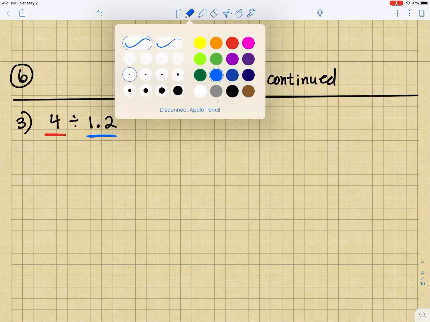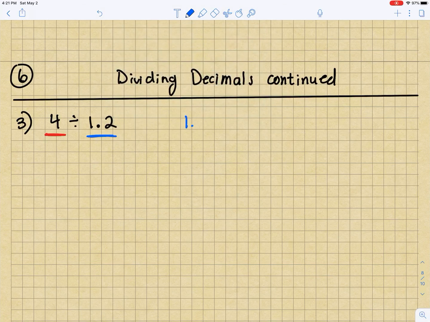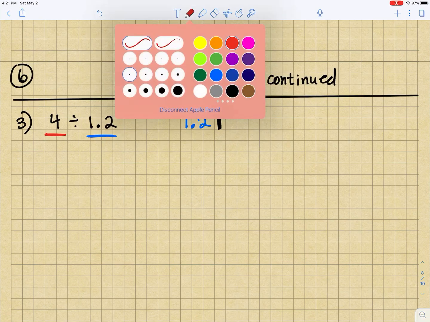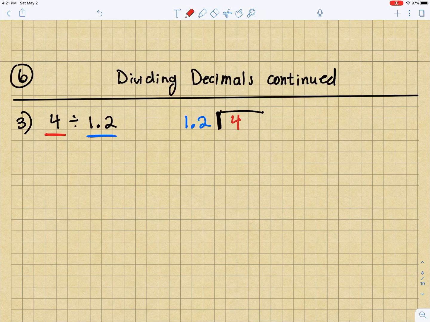So let me go ahead and write this as a long division problem. See, I caught myself. 1 2/10 goes on the outside, and 4 goes on the inside. Now, is there a way for me to write 4 as a decimal? Think about that for a second.